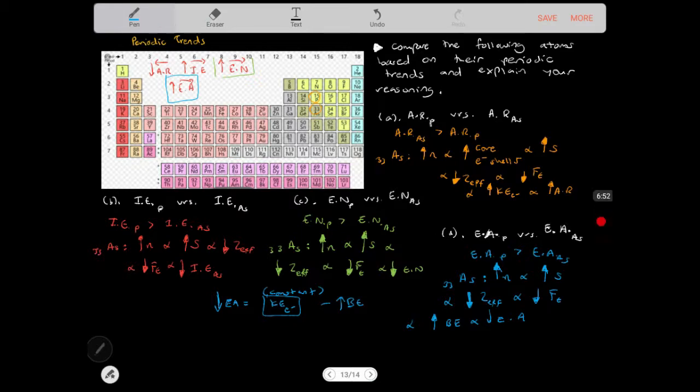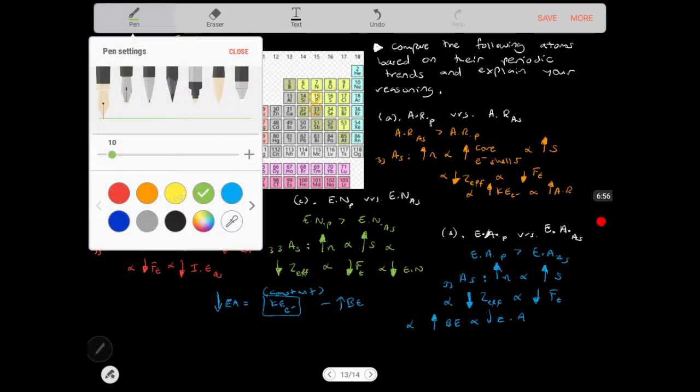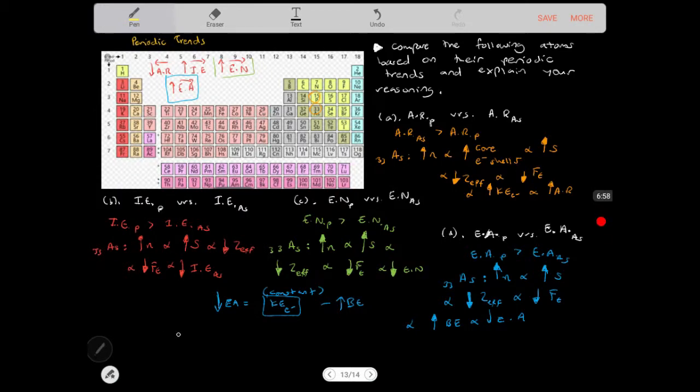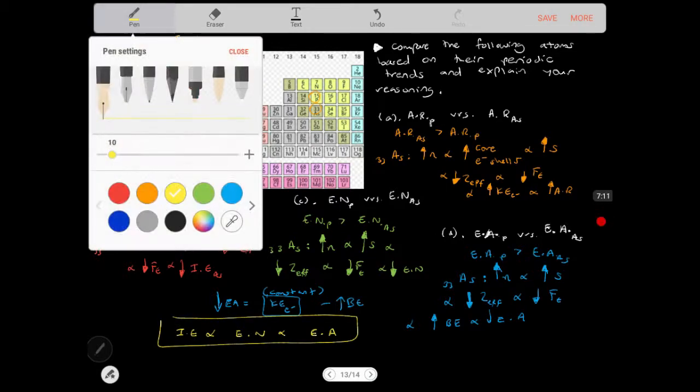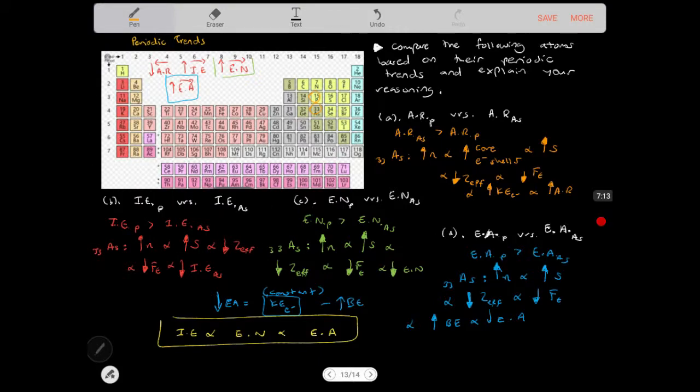So collectively, I'm just going to summarize all of this: ionization energy is directly proportional to electronegativity, which is directly proportional to electron affinity, right? And atomic radius is inversely proportional to each of these, right?